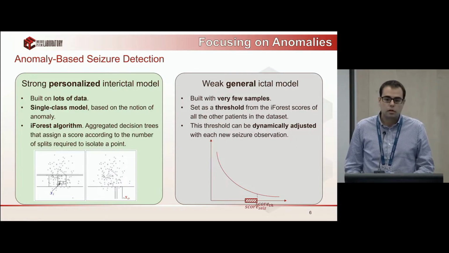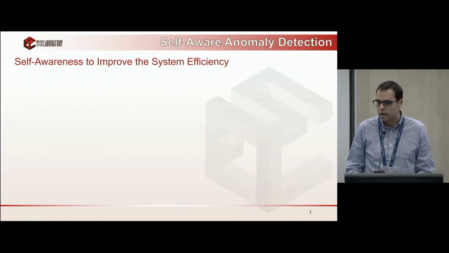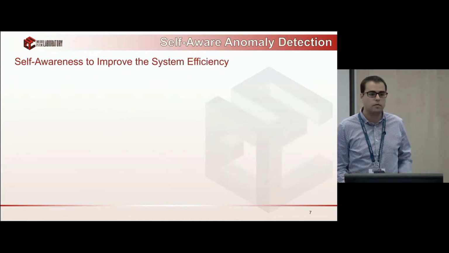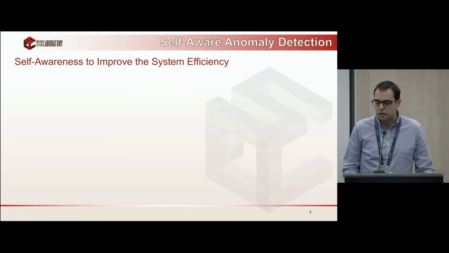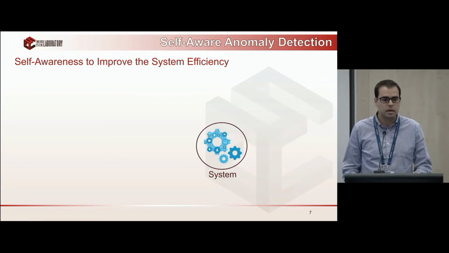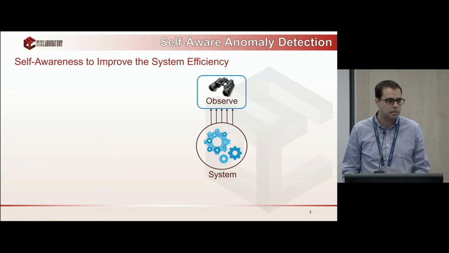But also, if we want to do long-term seizure detection, we need to make efficient models. And for ensuring the energy efficiency of the algorithms, our approach is based on the concept of self-awareness. In self-awareness, you have a system, and then you include mechanisms to be able to observe in real time the performance of the system.